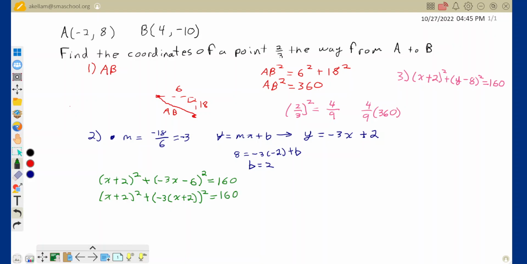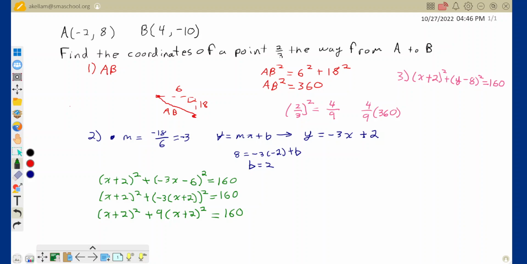And if we look at this, we also have that -3 squared is 9. So what we end up with is x plus 2 squared plus 9 times x plus 2 squared is going to equal 160.